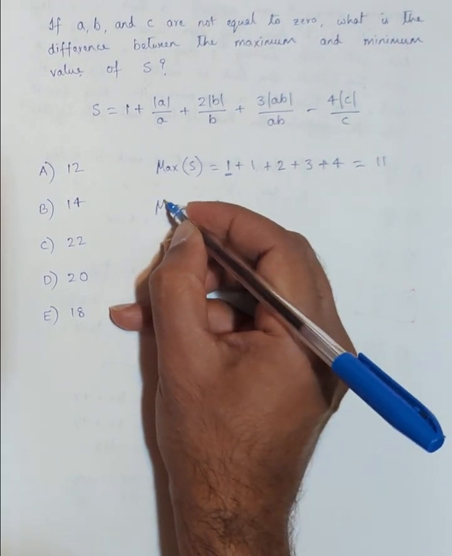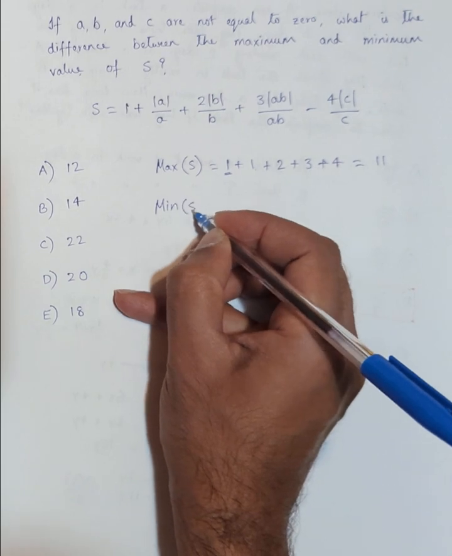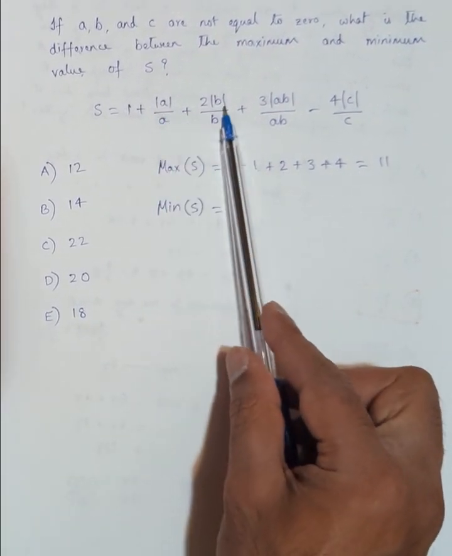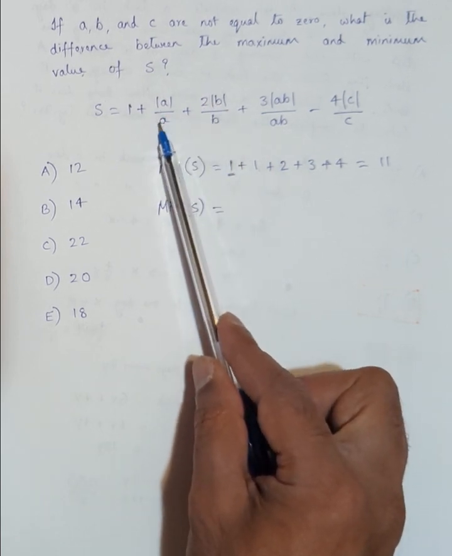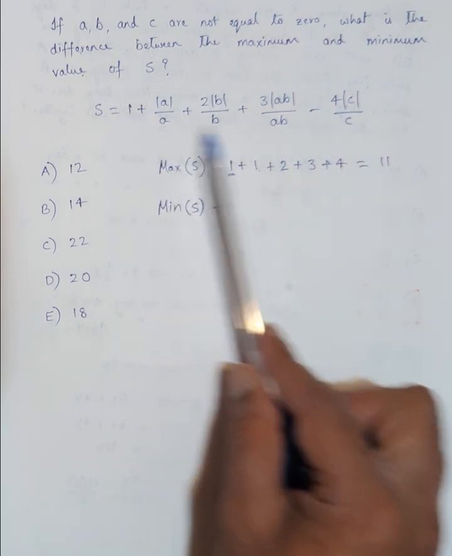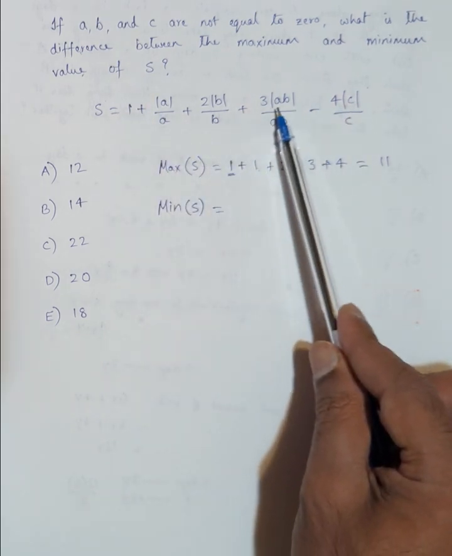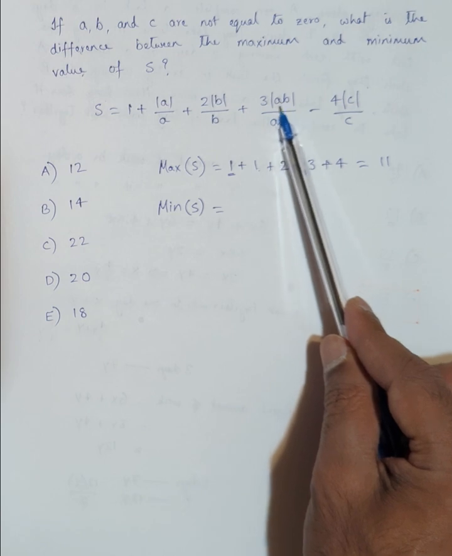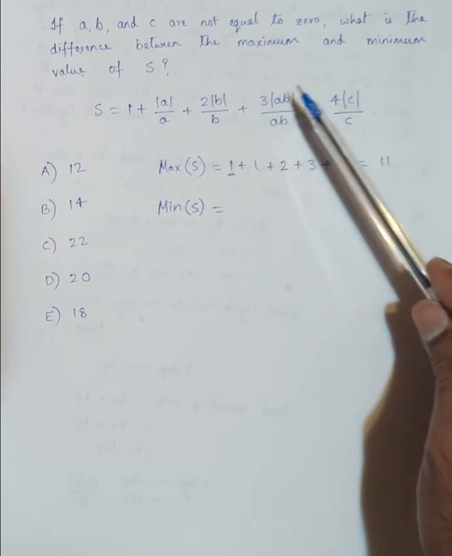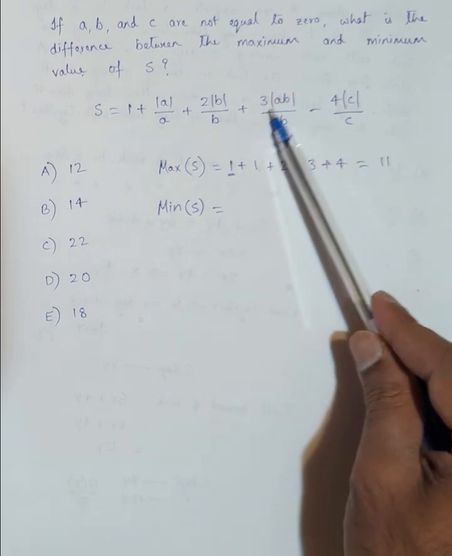Now, if I want the minimum of S, what should I do? Notice, if I take both A and B to be negative, that will give me negative 1 here and negative 2. I want this to be as small as possible. But if both A and B are negative, AB is going to be positive, which means this ratio will be 3. And we don't want that.